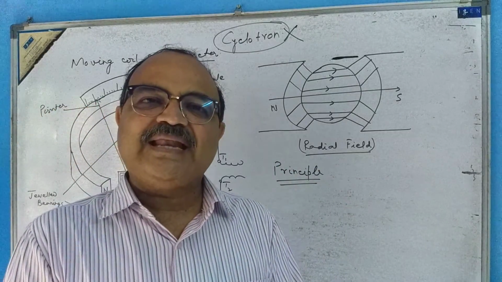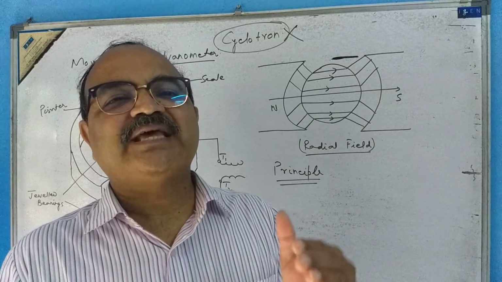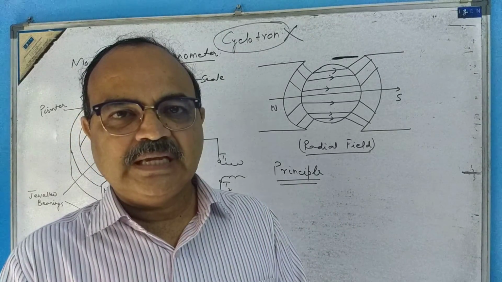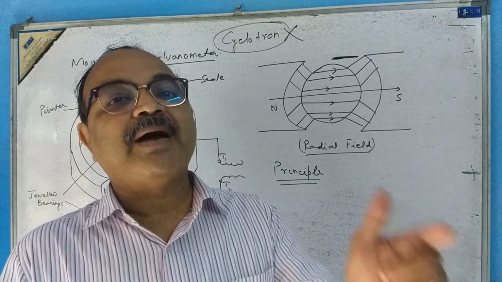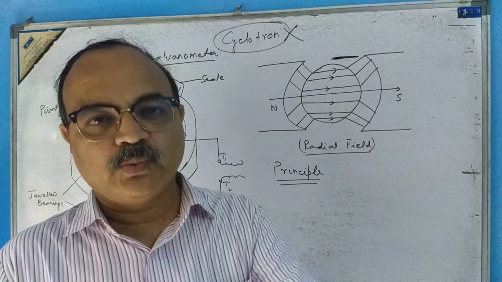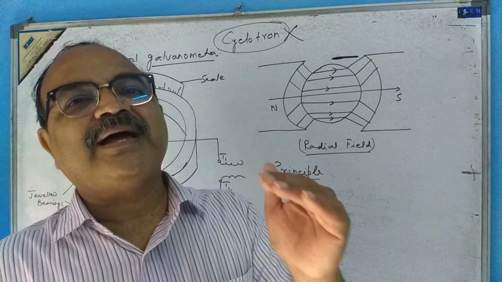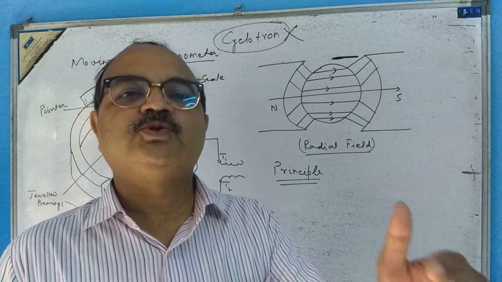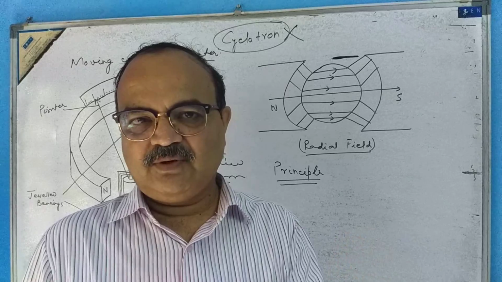That torque depends upon the magnitude of the current flowing through the coil. This is the principle of the moving coil galvanometer.